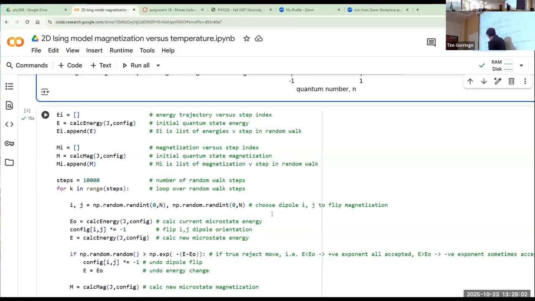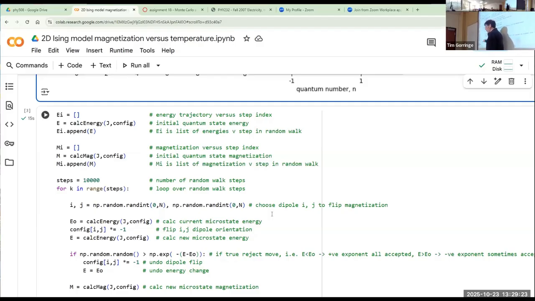I record the current energy of the arrangement. So I just calculate the energy of the arrangement currently, before I make the flip of this particular dipole in the array of dipoles. I then flip that dipole.